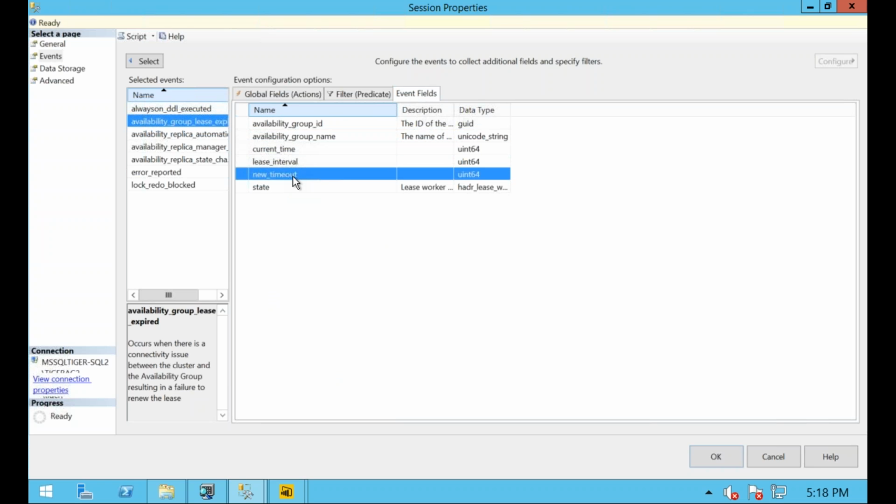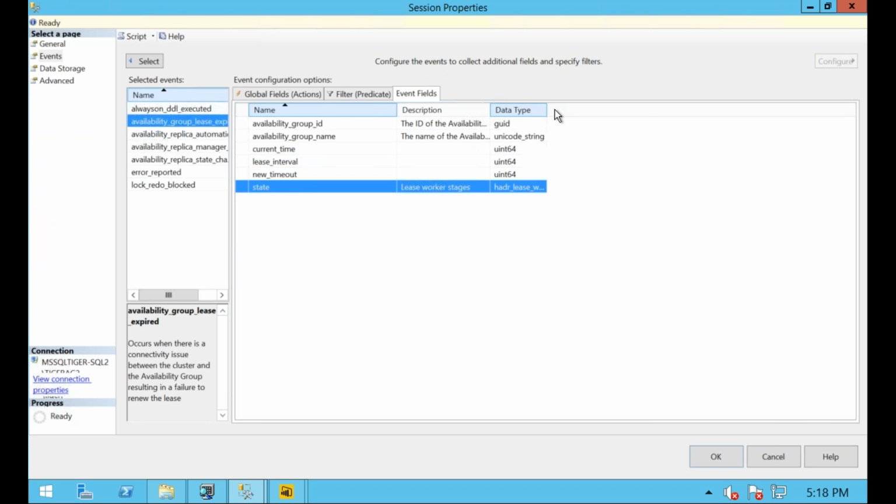When we look at the event in a scenario where a lease timeout has occurred, we will be able to figure out which event and when the actual issue happened. It also gives you the state. This tells you different states, which is really useful for troubleshooting and whenever you're calling in for support.